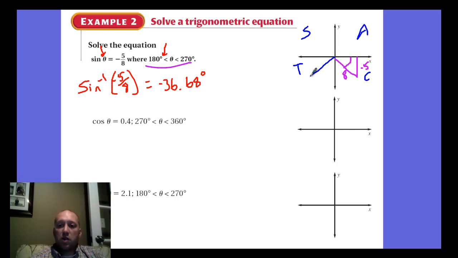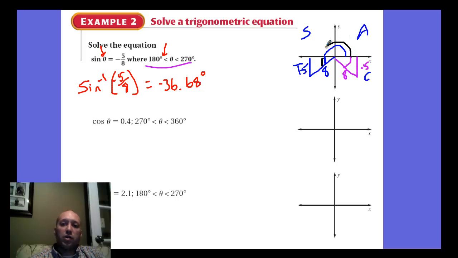If I draw the mirror image of this triangle, I get the same triangle here, -5/8, which is the same ratio. And this angle here, what is this angle? And really, theta is this angle. So if I first find the reflection, this angle is still going to be like a 36.68 reference angle.